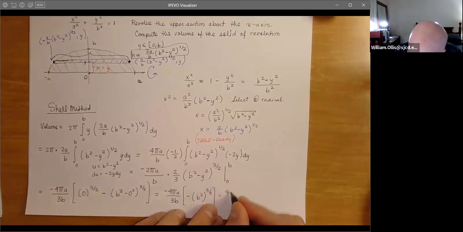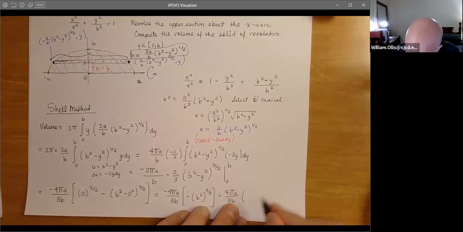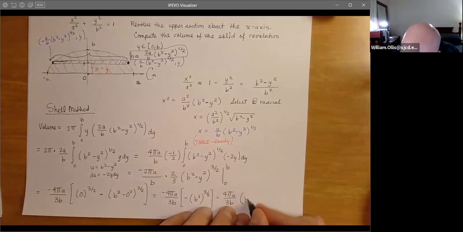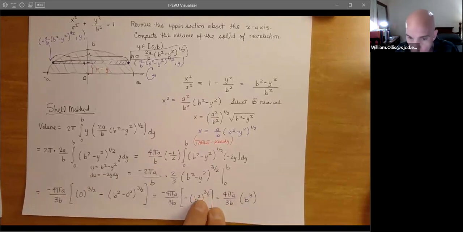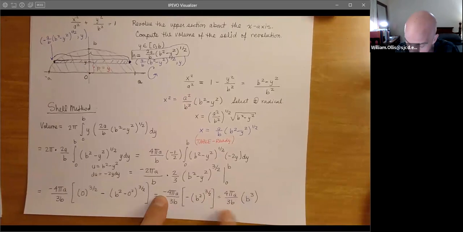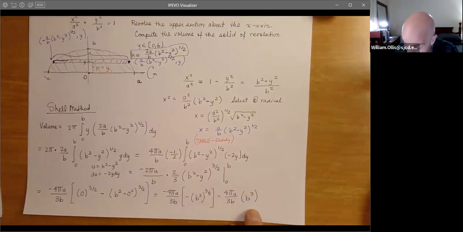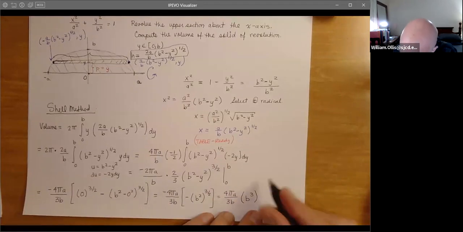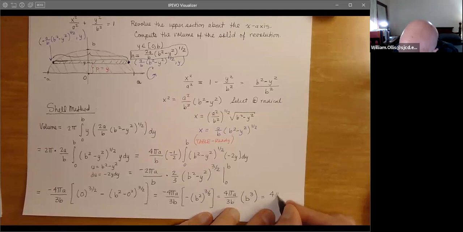So we have 4 pi a over 3b times b cubed. Again, the 2's absorb, the negative times the negative gives us a positive. And now we can see that the b will absorb one of the b's here. So this gives us 4 pi a, now 2 copies of b divided by 3.